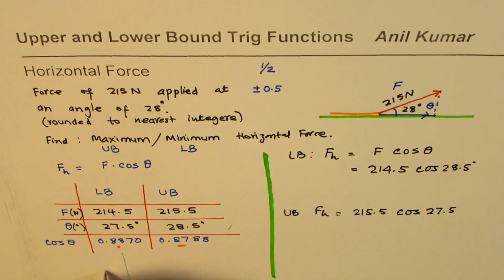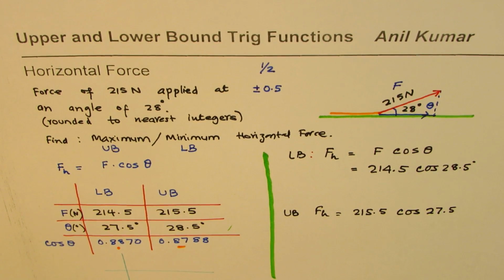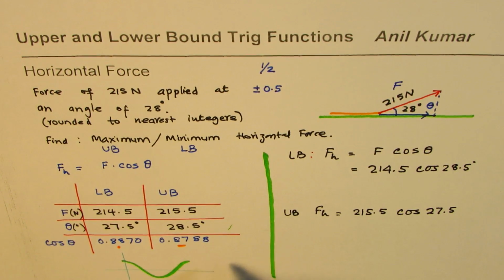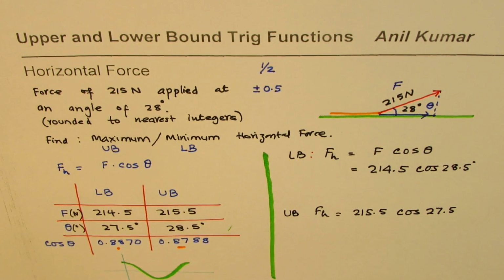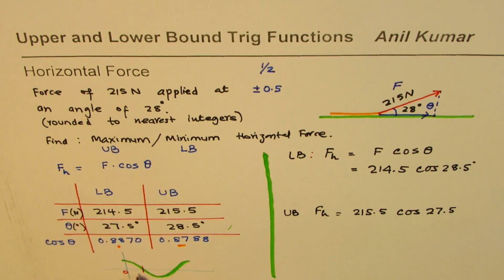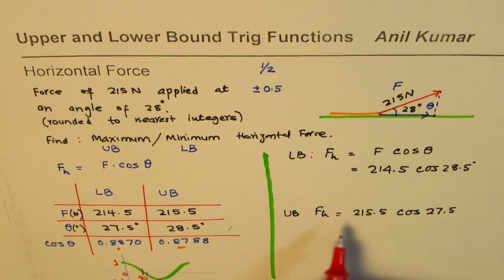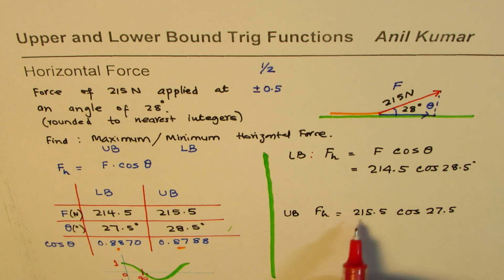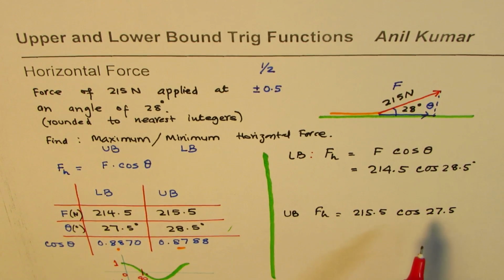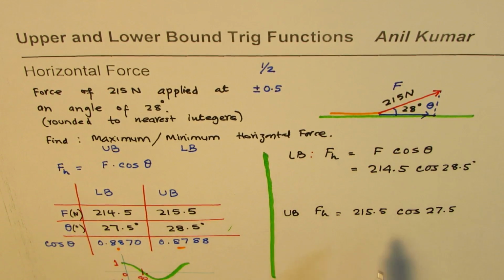It starts with the maximum, then goes like this. From 0 degrees to 90 degrees, it actually decreases from 1. It goes from 1 to -1, but it decreases in the first quarter of its cycle. Do you see that? So that becomes the maximum value which the horizontal force can take, right?